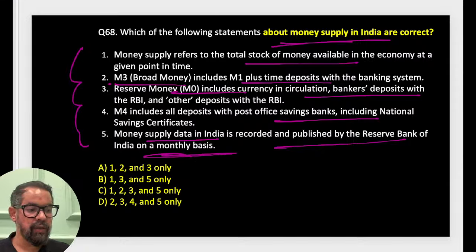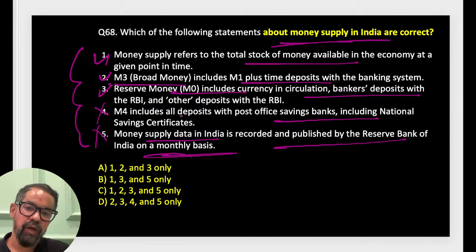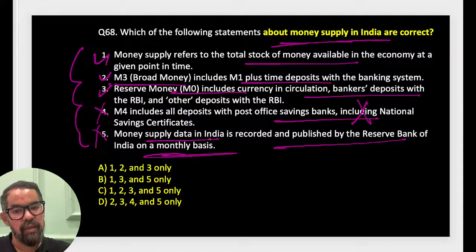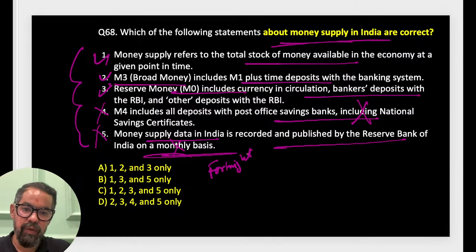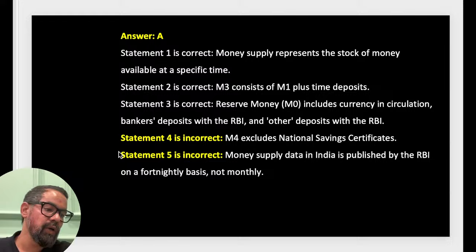What will be the correct answer? Kavita ma'am is saying option A. Others also, guys, what will be the answer? Tell me. So statement 1 is true, 2 is true, 3 is true, 4 and 5 are wrong, okay. M4 includes all deposits with post office, excluding, it is excluding, and money data gets published fortnightly by RBI. So 1 2 3 means option A will be the right answer for this particular one.